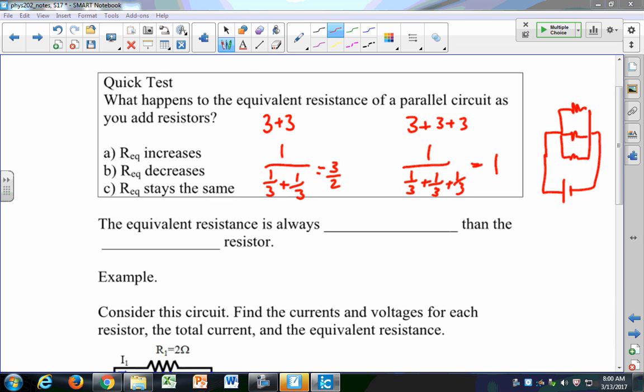Regardless of the resistance that you've added, whether it's a big or a small resistor, the electron just says, ooh, I have another way to go. And so therefore, it's a little bit easier. Even if you put like a 1,000,000 ohm resistor right here, the electron comes along and says, oh, I used to have 3 paths, now I have 4 paths. And so it makes it a little easier for the electrons to get through the circuit because you've added this extra little path. All right. So as I add more and more resistors, the equivalent resistance will decrease.